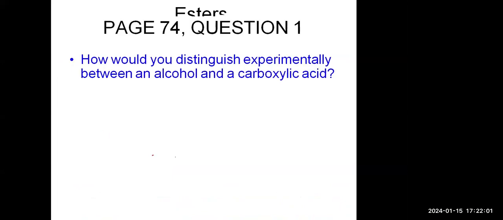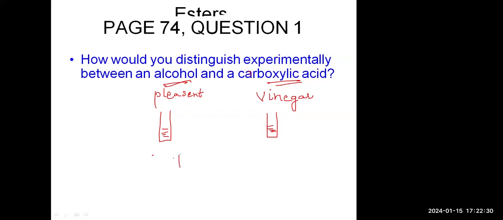Now let us see some questions based on this. How will you distinguish experimentally between alcohol and carboxylic acid? On the physical property, you can distinguish because it has vinegar-like smell and it has got a pleasant smell, right? On that basis. But chemically, you have to differentiate them. In two different test tubes, you are having alcohol and carboxylic acid. You make them react with Na2CO3.